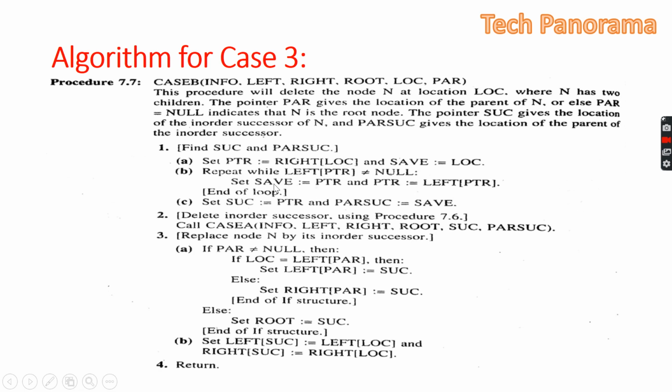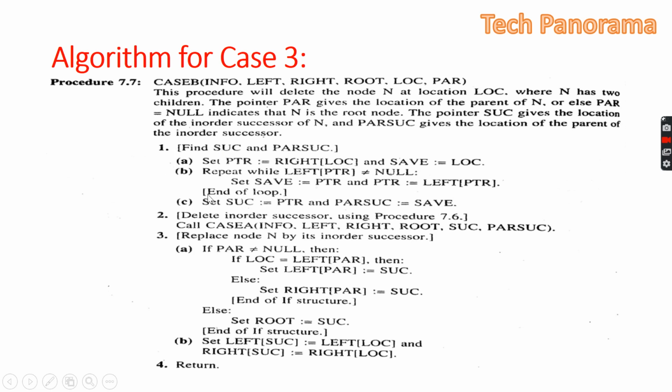Then we will move to the left of ptr until the left of ptr is equal to null. If the left of ptr is not equal to null, then we assign save is equal to ptr and ptr is equal to left of ptr. And finally, when the left of ptr is equal to null, then we write successor is equal to ptr and the parent successor is equal to save.